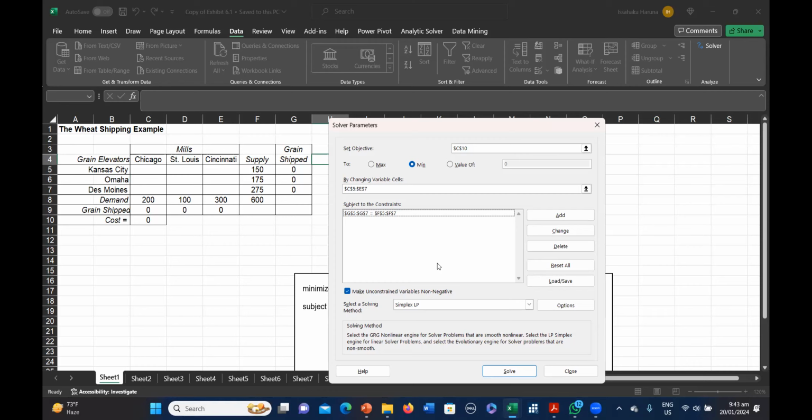Now you add the constraints. The first one, from J5 to J7, then you change the sign to equal to, and then you pick from F5 to F7.